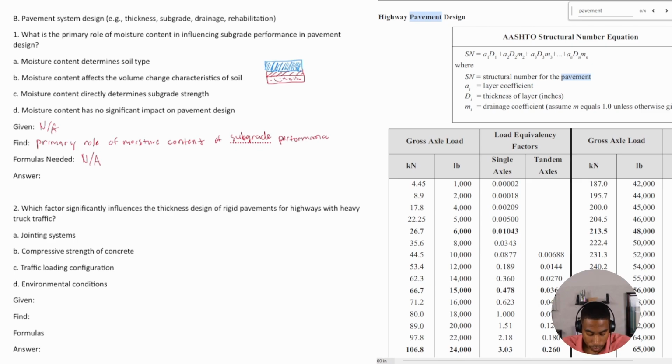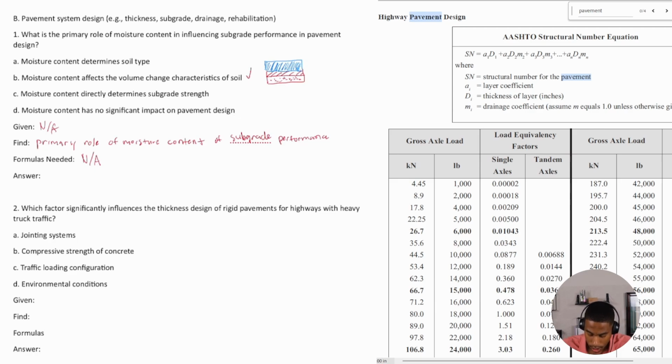A, the moisture content determines the soil type. No, I don't think that's the case. What about B? Moisture content affects the volume change characteristics of soil. I know from geotech that is in fact true. C, moisture content directly determines subgrade strength.